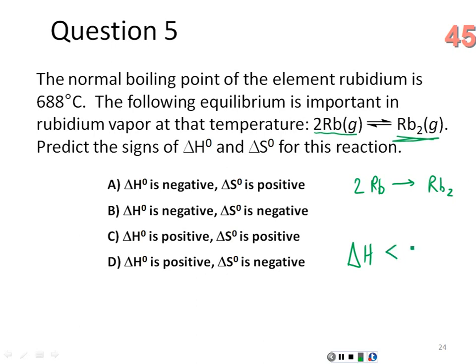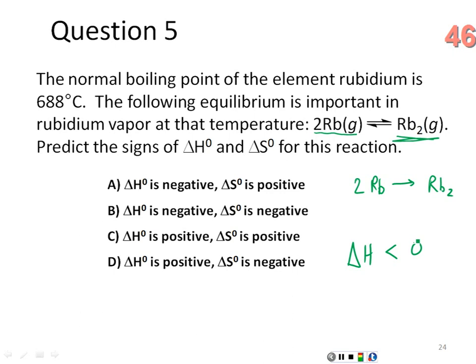If you remember, bond forming is exothermic. It gives off energy. You can think of that in reverse terms. What do you have to do to break a bond? You have to provide energy. So bonds take energy to break them. That means they release energy when they're formed. Bond formation is exothermic.